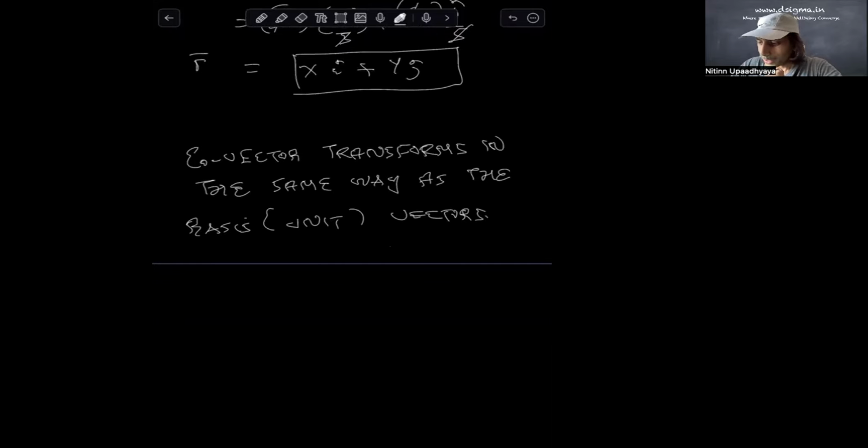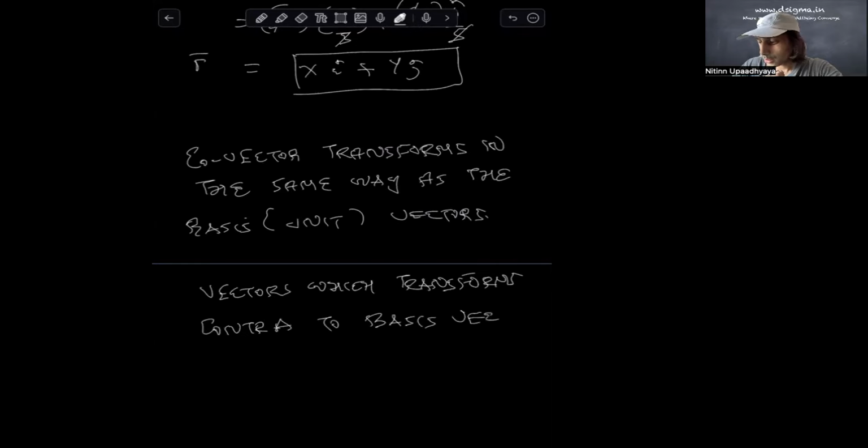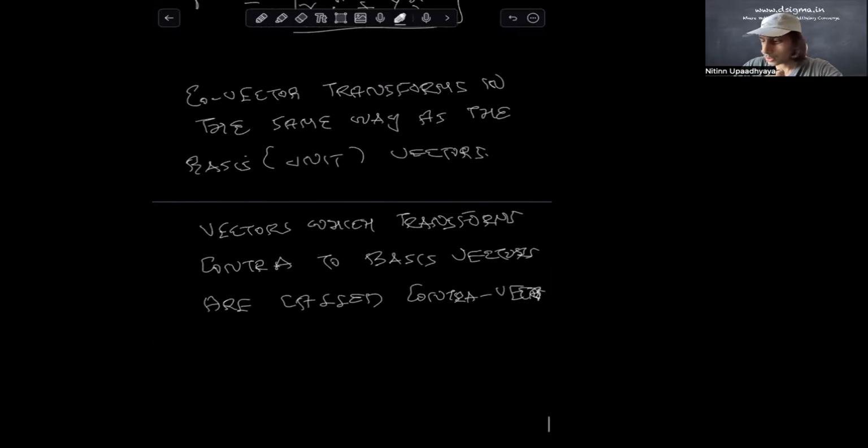So vectors which transform contra to basis vectors are called contravectors, and an example of a contravector is the position vector, just like the way we saw right now.